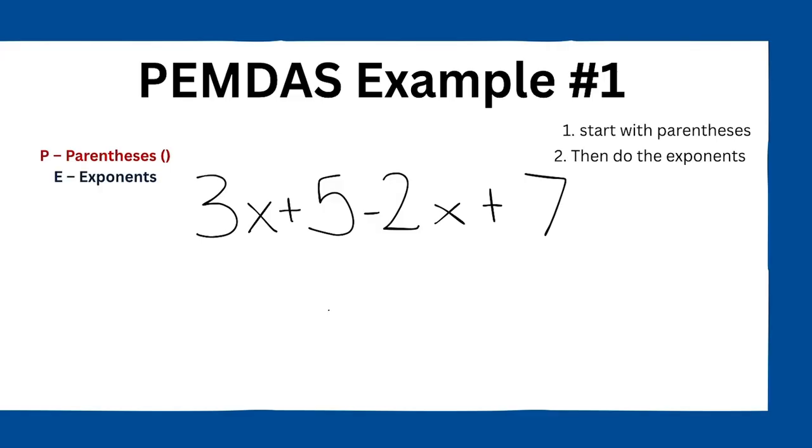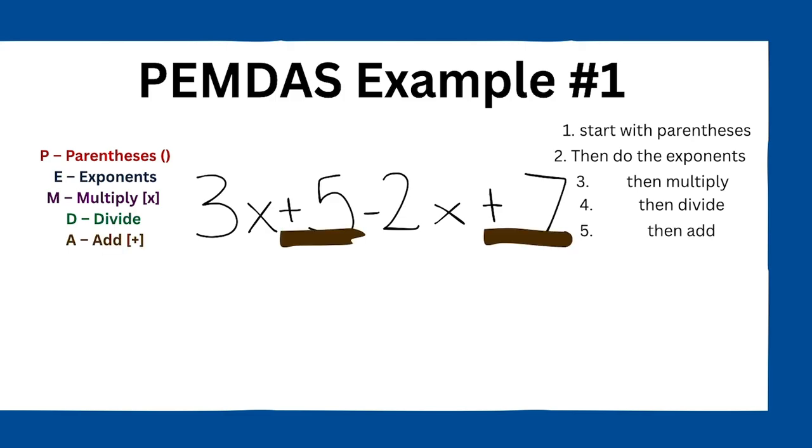I don't see any exponents to work with so far, so I'm going to skip past that. I'm going in order, but if I don't see it, I just won't solve it. Now let's move on to multiplication. I don't see any multiplication in this problem, so I'm going to move past that as well. Division. I don't see any division, so I'm going to move past that as well.